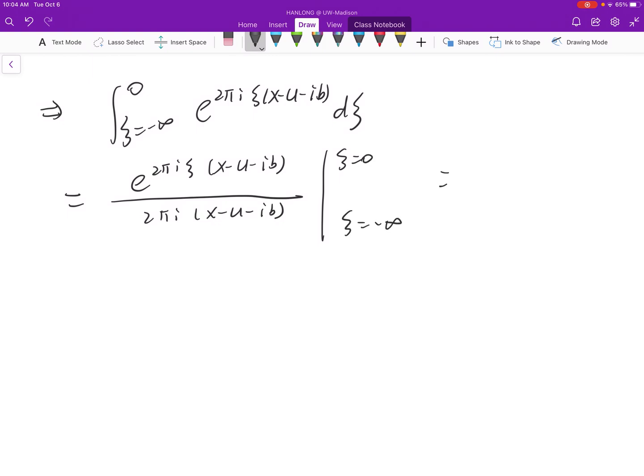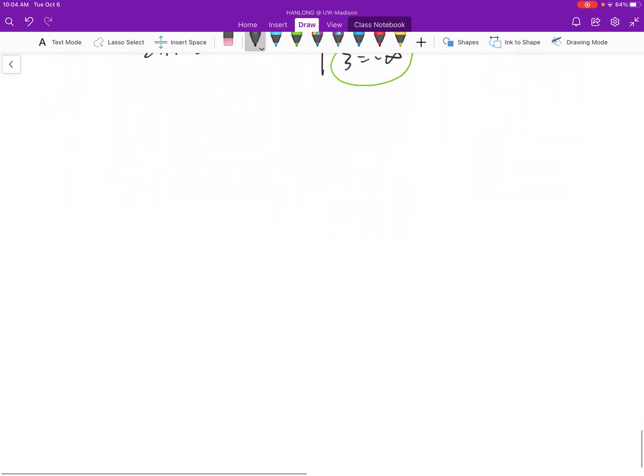If you plug in 0 and negative infinity, instead of some 1 or negative 1 always bouncing, for the negative infinity part, because iξ times negative ib is bξ, which goes to negative infinity, you only have 0. So this gives you 1 over 2πi(x−u−ib).